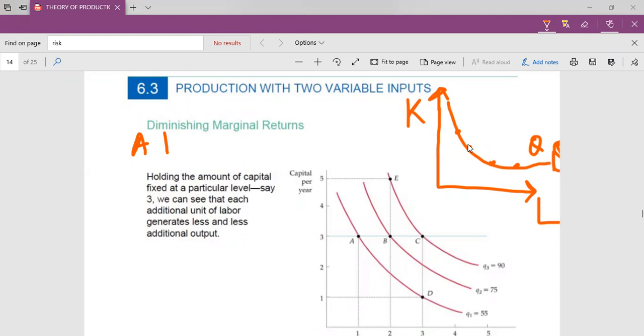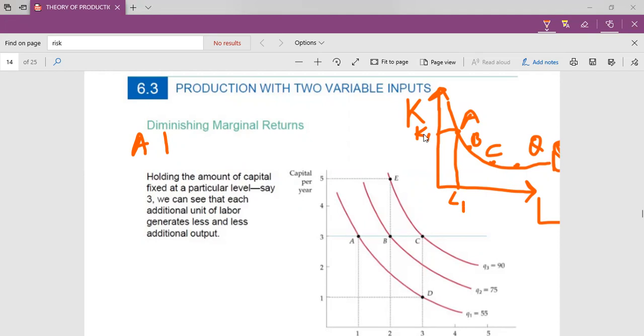I don't know if we are getting that. For example, if we have that point to be A, that one to be B, that one to be C, right? So all those are combinations. For example, this one can be K1 with L1.